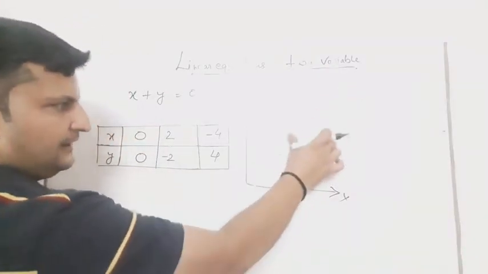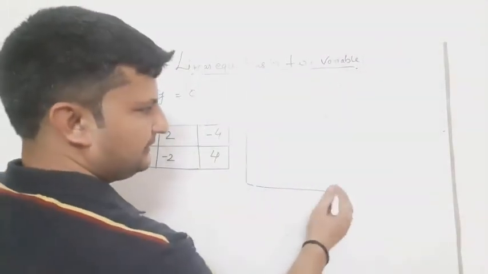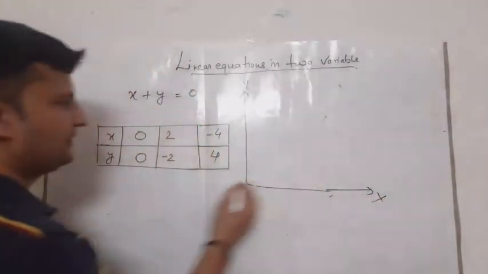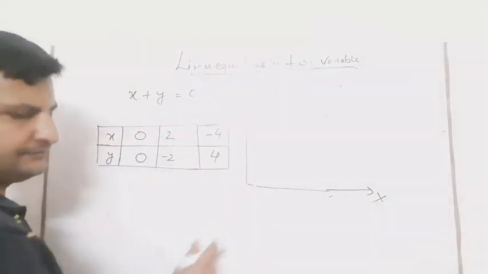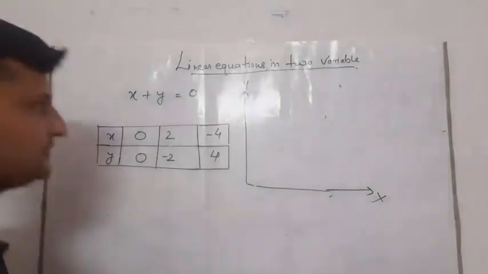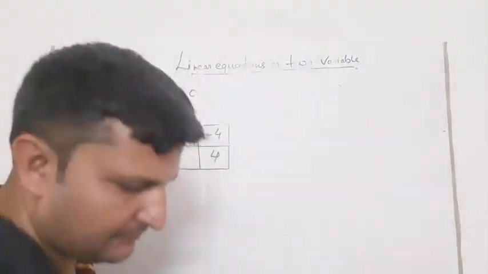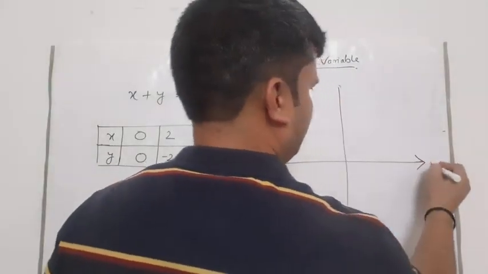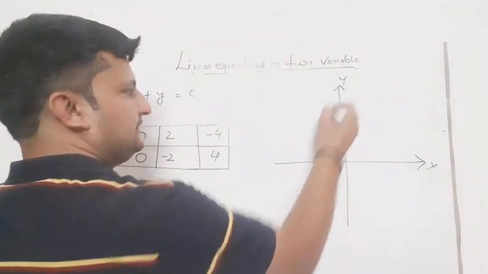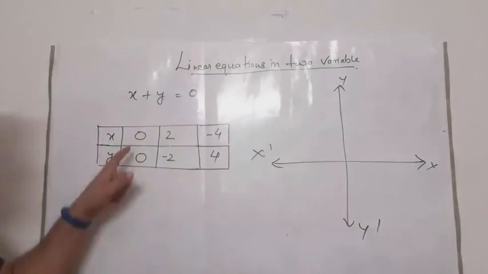If we make the graph of this equation, how can we make it? Similarly, draw the x-axis and y-axis. The numbers are x is equal to 0, 2, minus 4, so minus 4 is also there, so we have to make a graph like this. This is the x-axis, this is the y-axis, x dash and y dash.